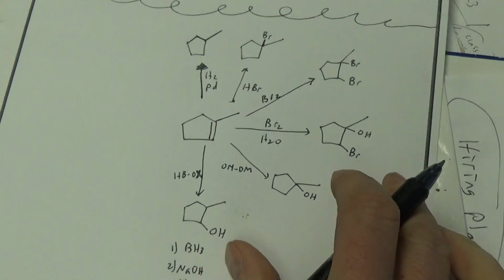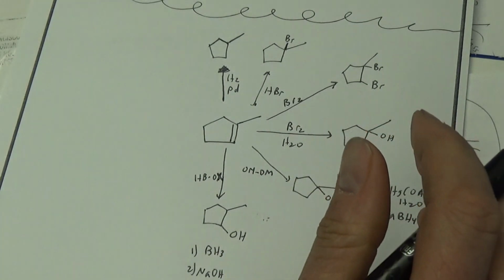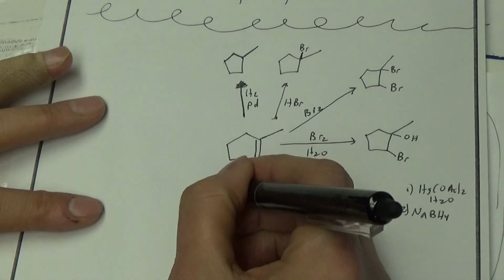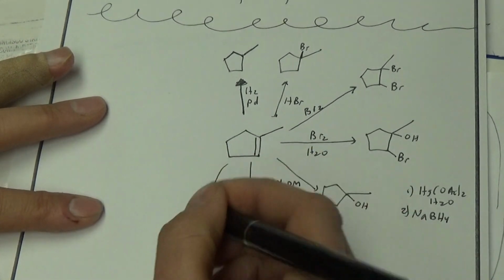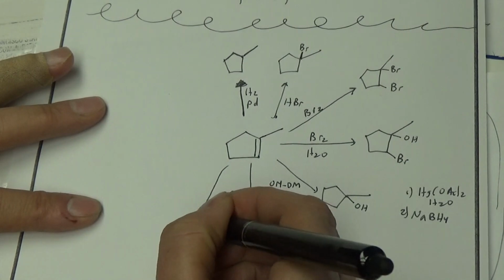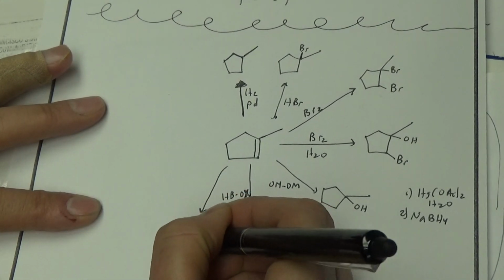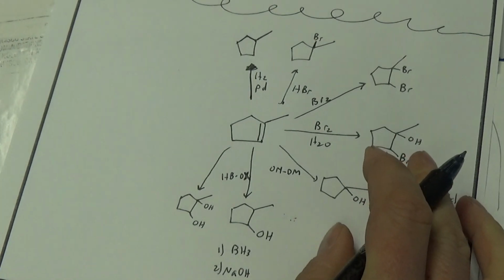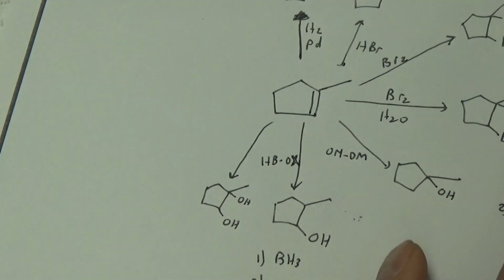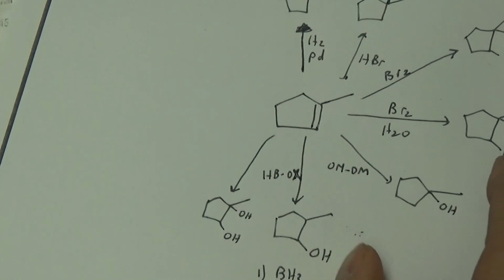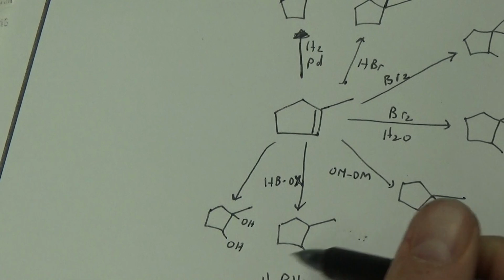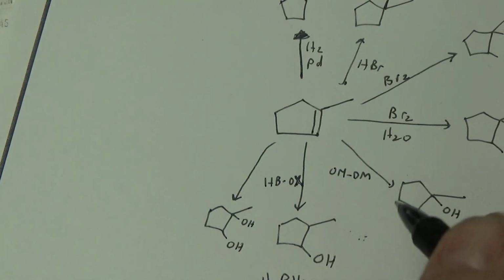Alright. What else could we do? We could also install 2 hydroxy groups. So I'm kind of ignoring stereochemistry right now, just for the sake of reviewing these reactions, because it is a syn addition, and the OHs would be on the same side, but that's kind of irrelevant here.